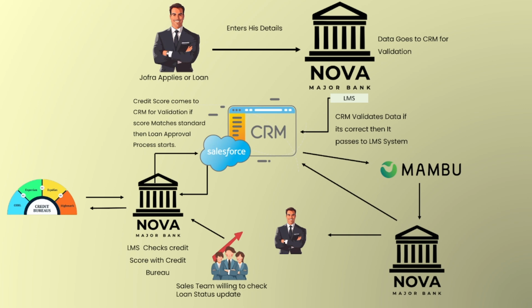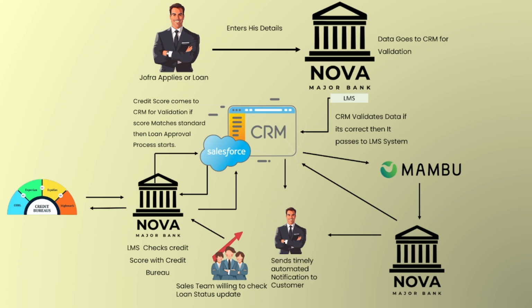Again, what will Noah Major Bank do? Noah Major Bank will go to Salesforce, collect some data, and show the sales team of Noah Major Bank that this much amount is disbursed, this much amount is pending, and you have a good opportunity with Jofra, you can do cross selling to Jofra, something like that. All these things they can ask Noah Major Bank via CRM. So rather I'll call it CRM via Noah Major Bank.